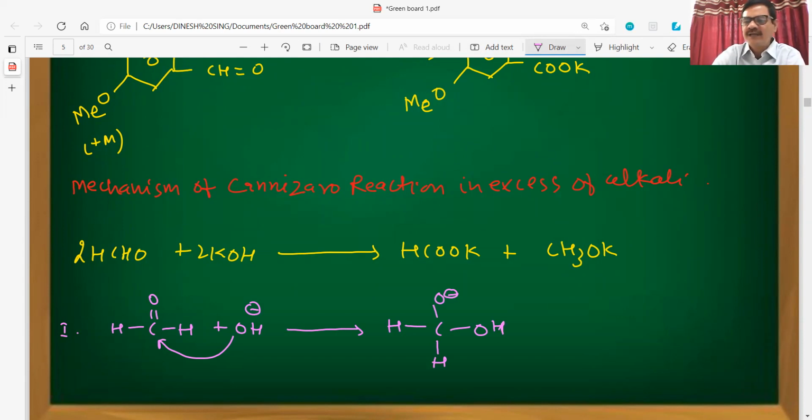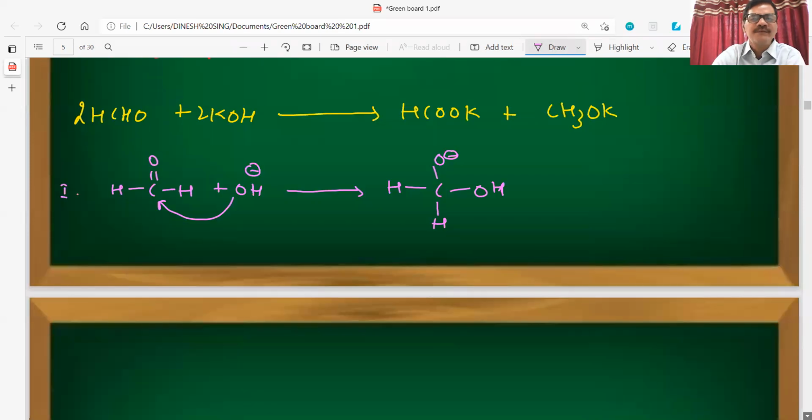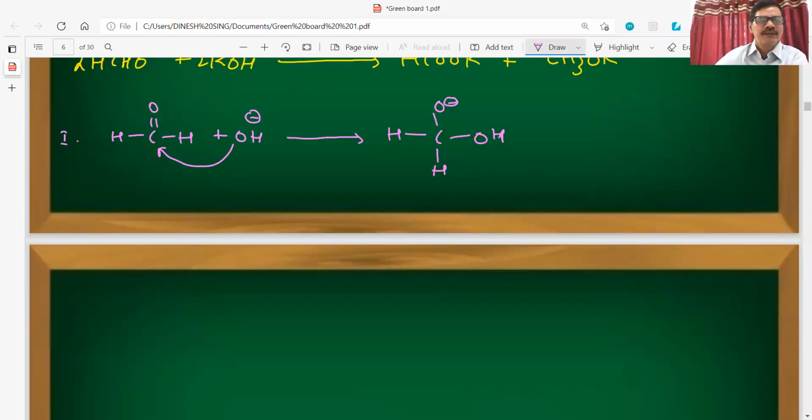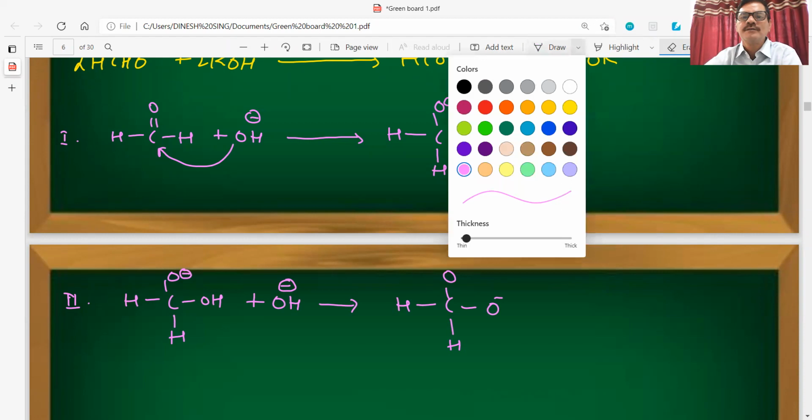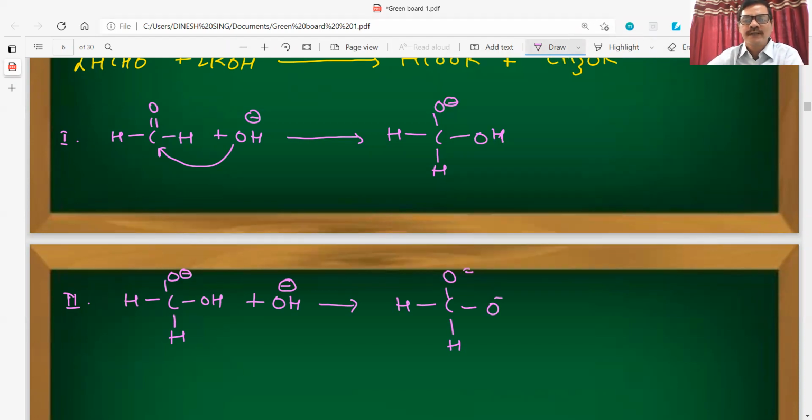So when we are having excess alkali, this will undergo further reaction with OH minus, an acid-base reaction, and will convert into HCO minus with H, and this is also O minus.